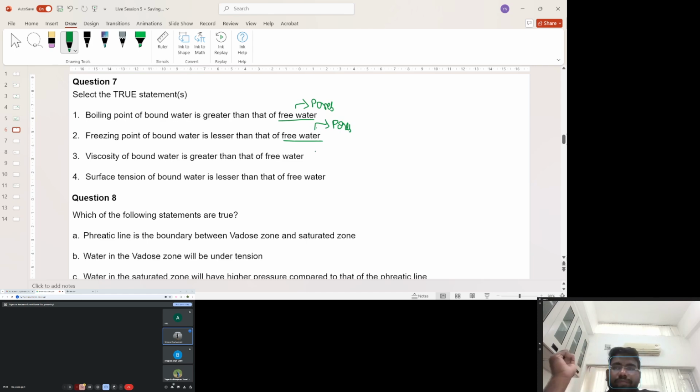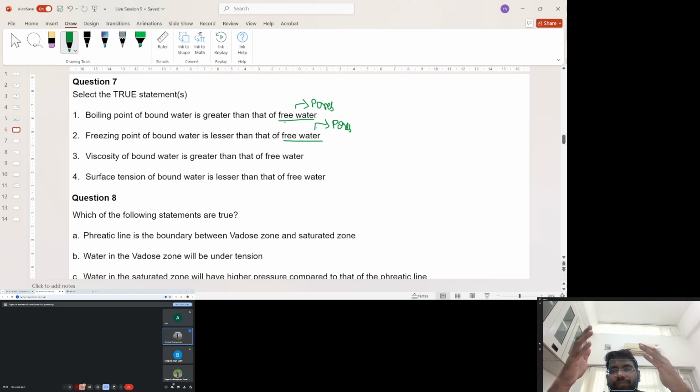Understood? So free water also means gravity water. It is free from any forces of attraction from the soil grains. But that is not the case with bound water. Bound water is attracted towards the grain by electrostatic forces, usually hydrogen bonds.